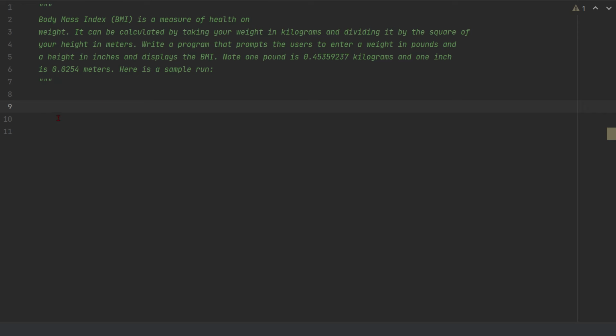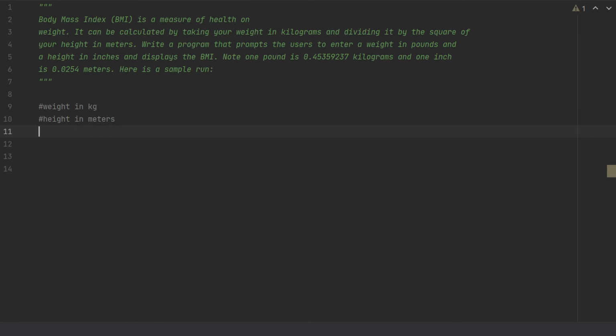All right, just reading through here, we see that we need a weight in kilograms, and then we need a height in meters. We pull both of those just from the first sentence there. And then we see that we have a program that prompts the user to enter a weight in pounds.